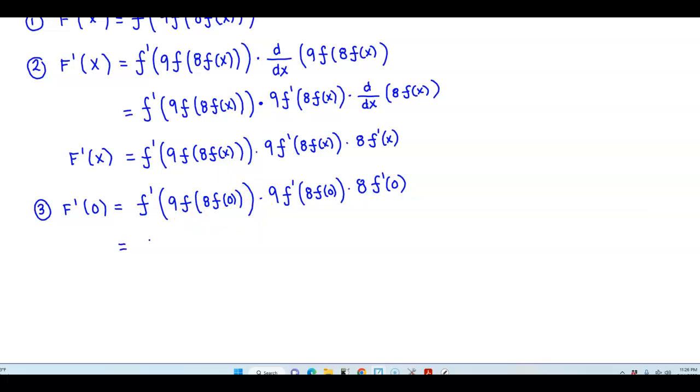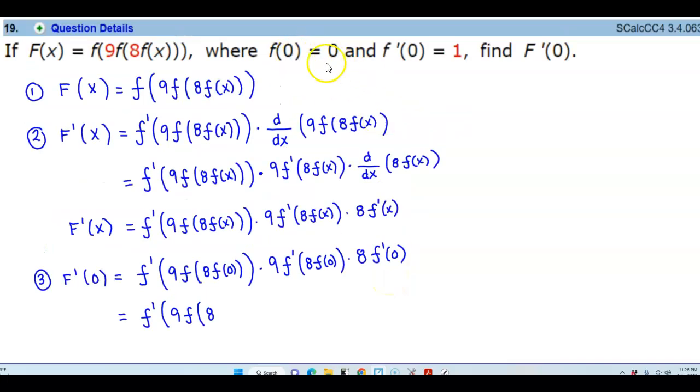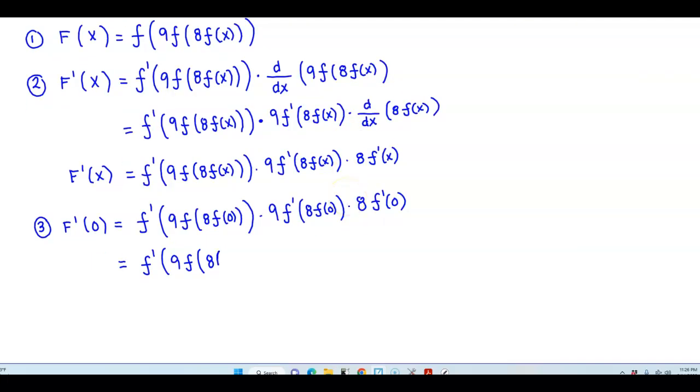So we have f prime of 9 f of 8 times f of 0, which is 0, so this is 8 times 0, times 9 times f prime of 8 times 0 times 8 times f prime of 0.